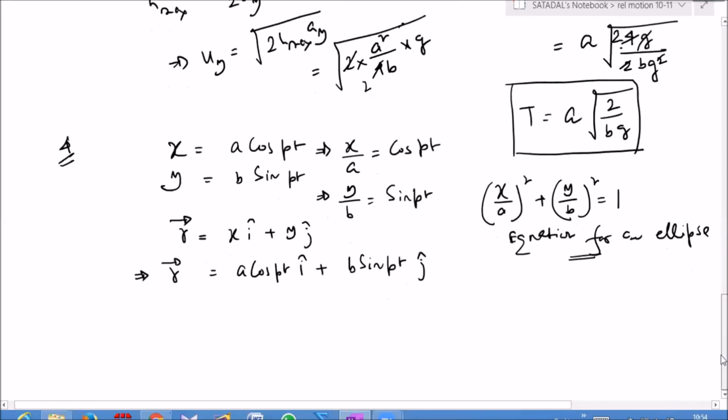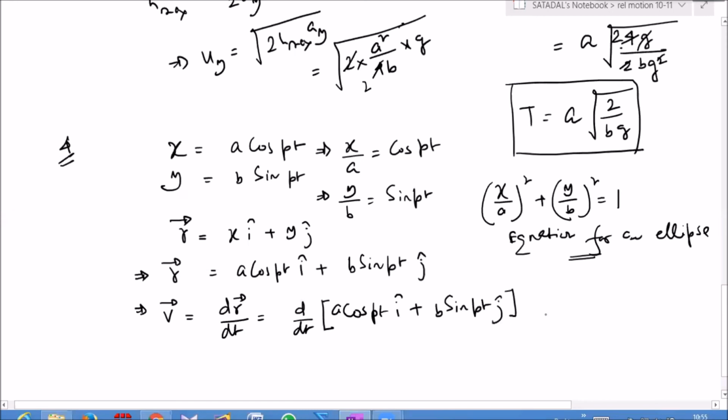So now you see, V vector is equal to dr by dt, that is equal to d by dt of A cos PT i cap plus B sin PT j cap.